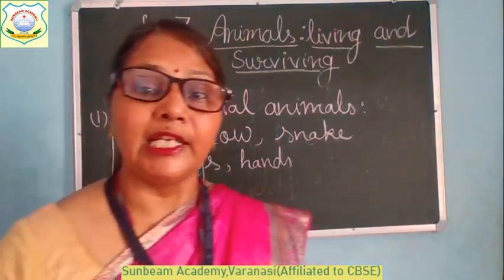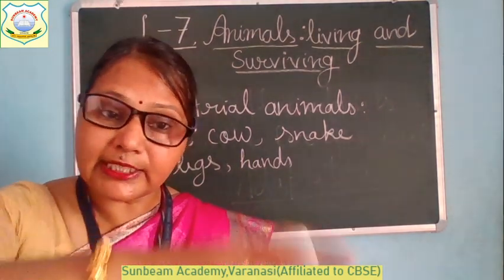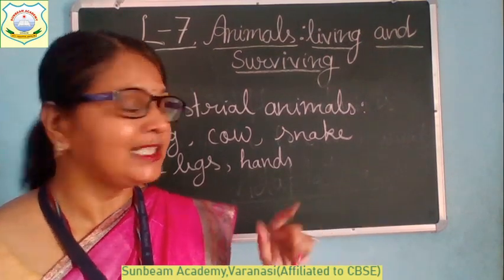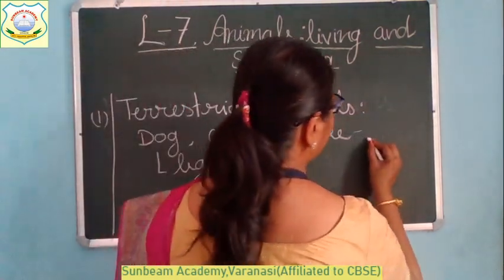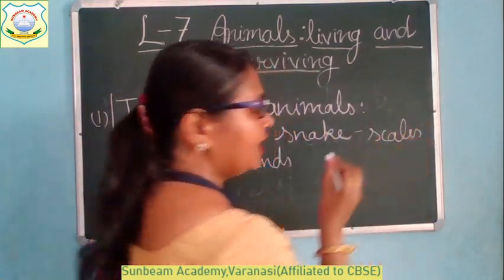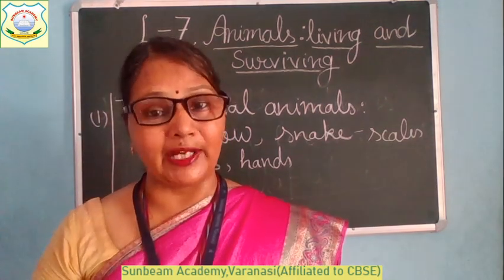And some animals like snake crawl. ये क्या करता है? जमीन पे क्रॉल करके चलता है. इसके हैंड और लेग्स तो होते नहीं. स्नेक के स्किन पे स्पेशल स्केल्स होती है, स्पेशल स्किन्स होती है इसके. Just with the help of that skin, it crawls on land.